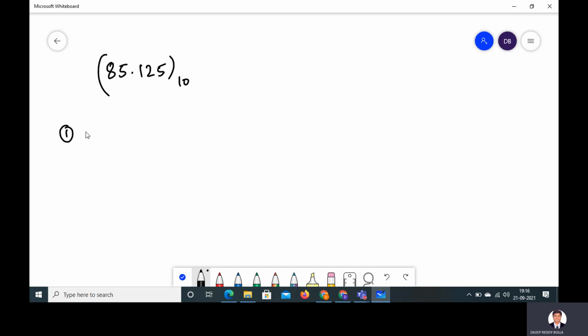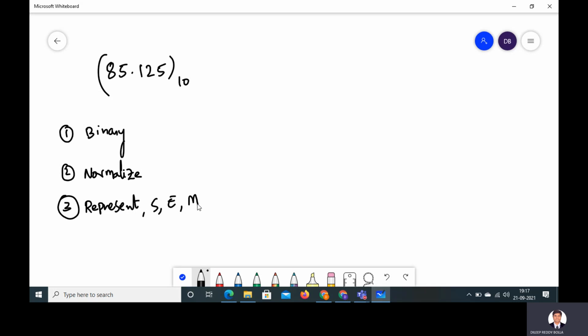Step one is to convert it to binary, step two is to normalize, and step three is to represent it: the sign, the exponent, and the mantissa. Simple as that.